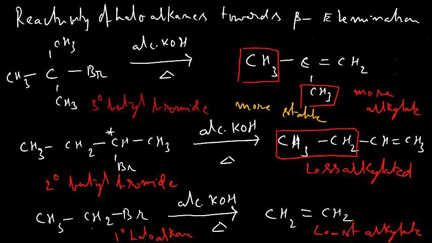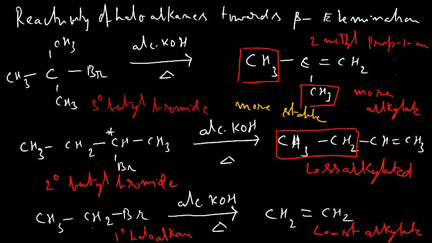This is 2-methylpropene. 2-methylpropene is more alkylated. Therefore, this alkene forms quickly when compared to 1-butene and of course ethylene.